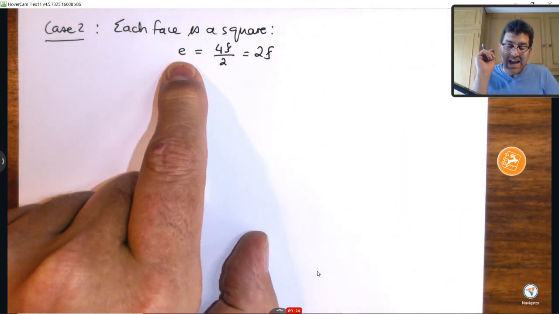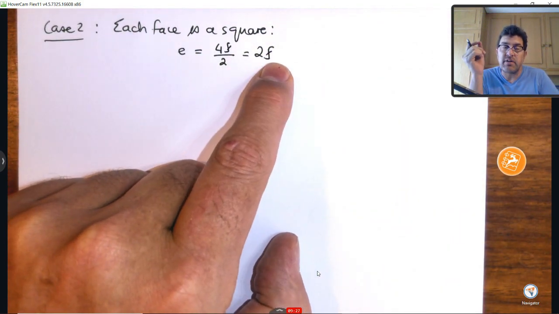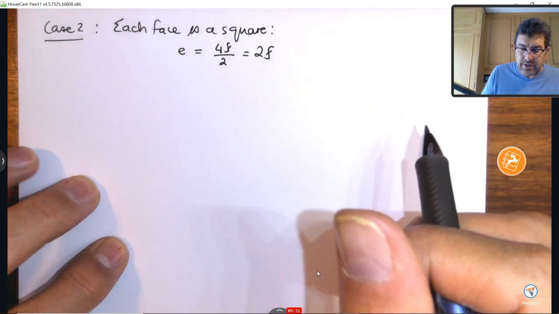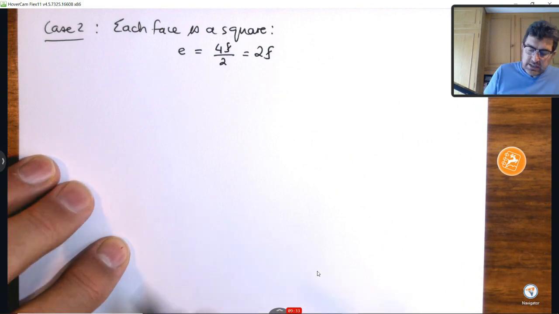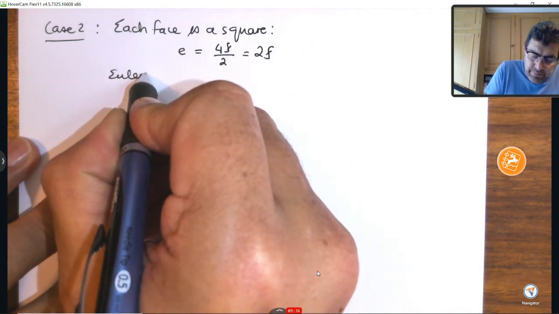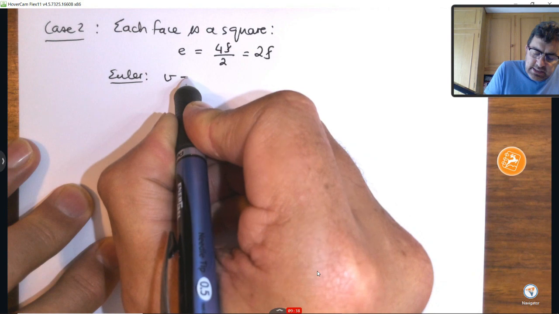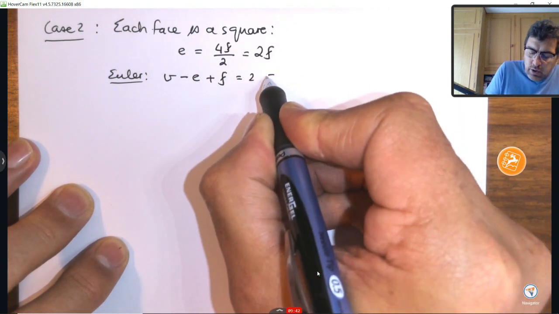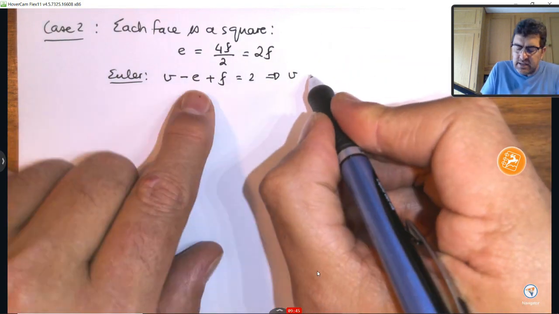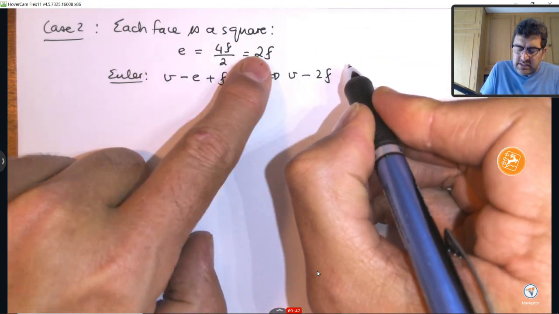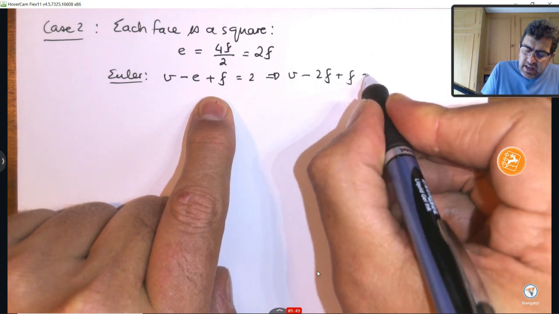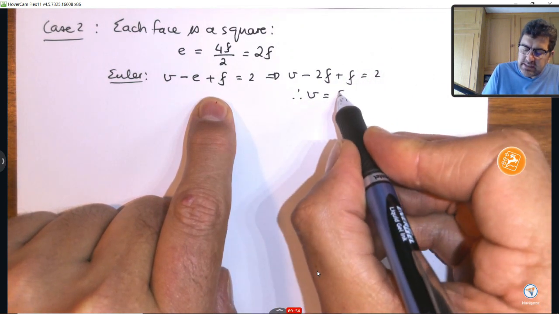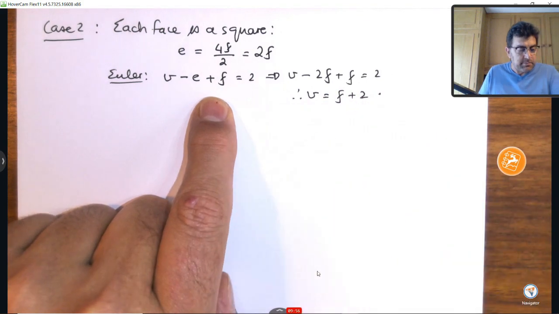So the number of edges is double the number of faces in this case. Now that comes from the rule that you are already familiar with. So if I bring in Euler, the number of vertices minus the number of edges plus the number of faces has to be 2. What does that bring about? The vertices minus 2f, because E is 2f, plus f is 2. So from that we can deduce that the number of vertices is the number of faces plus 2.